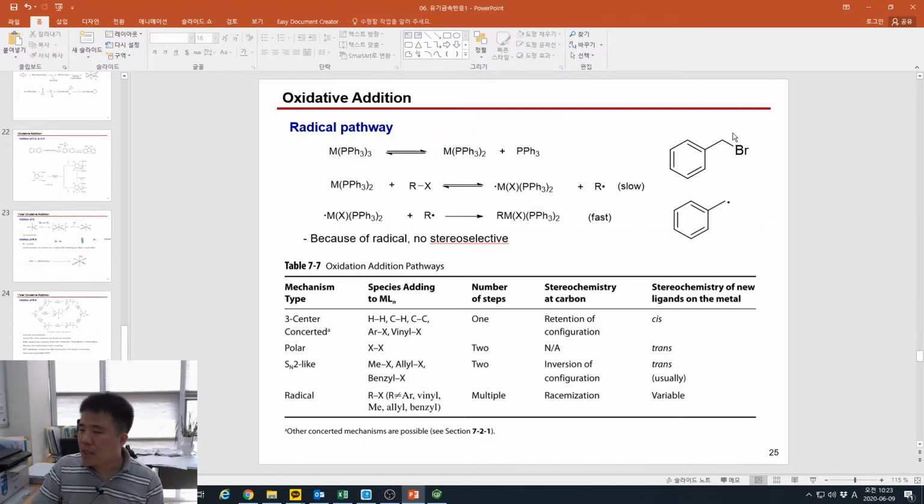So in the case of benzyl halide, the benzylic radical will be generated easily because of the transition metal. So in this case, it is a radical mechanism.